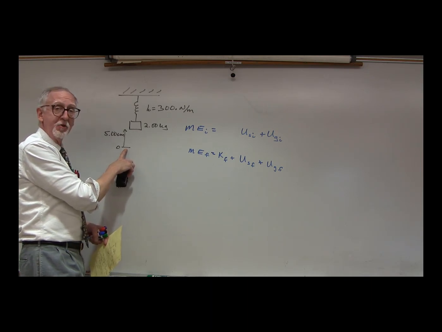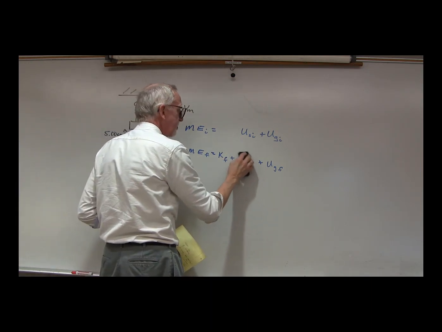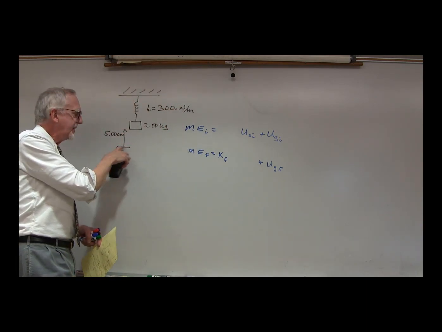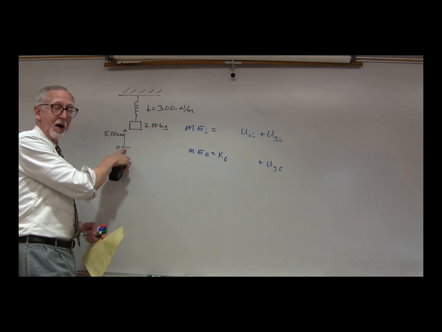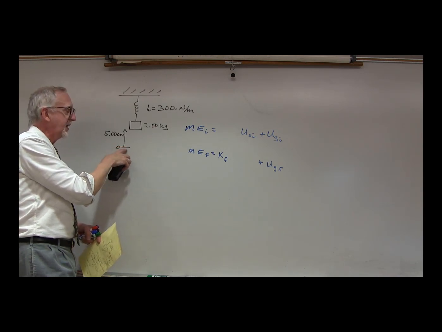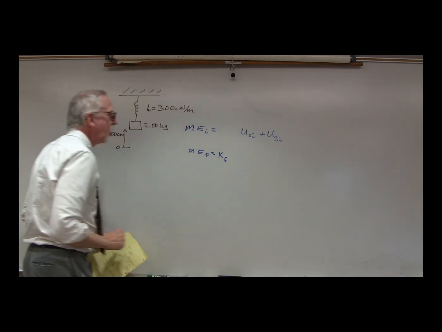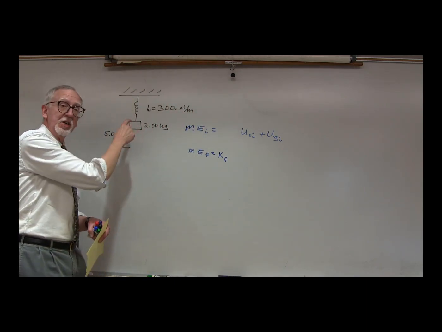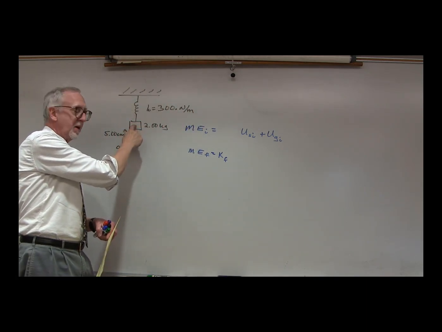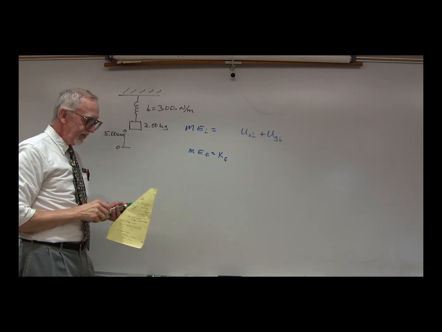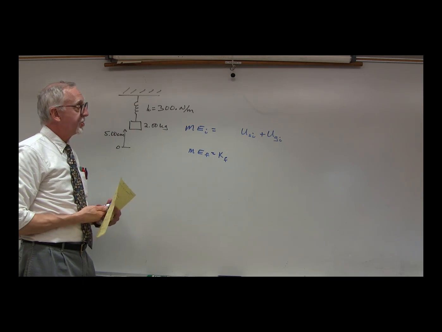Well, 0 displacement, it will be 0. And assuming that we set our 0 level height at equilibrium, the final gravitational potential will be 0. So we're starting out with potential energy in the spring and gravity up here, and it's turning all into kinetic down here.